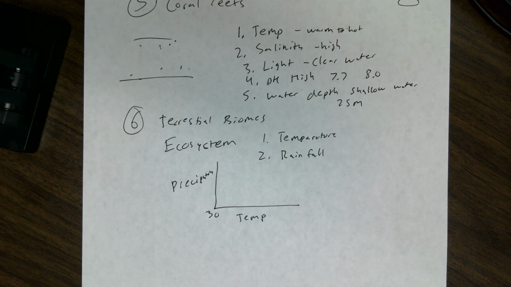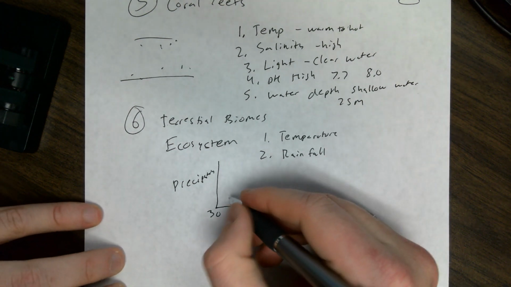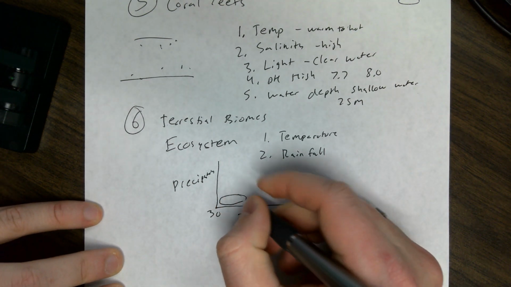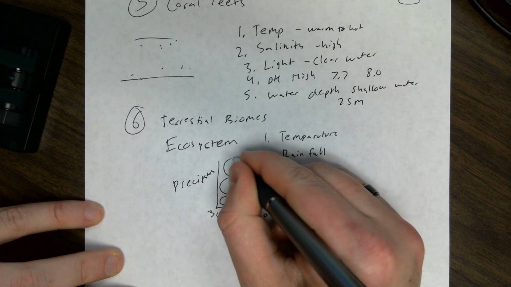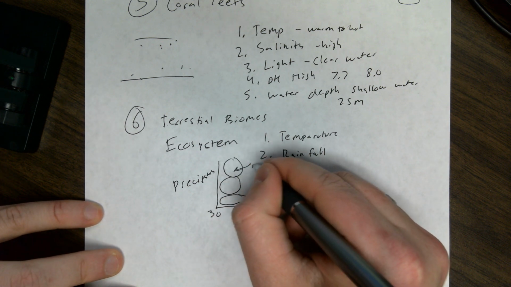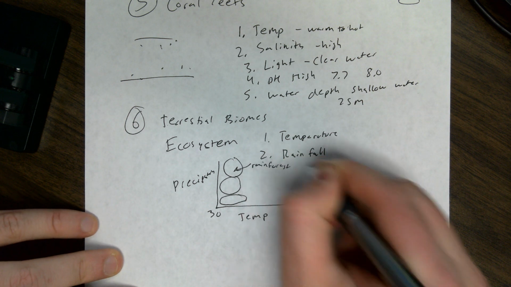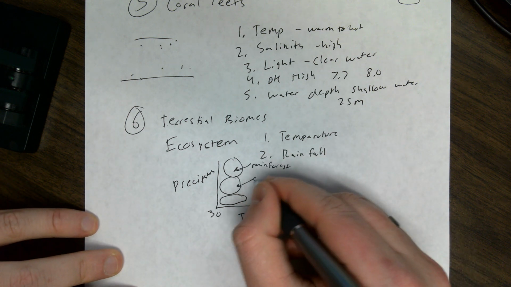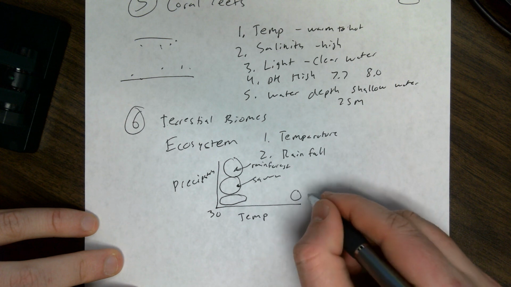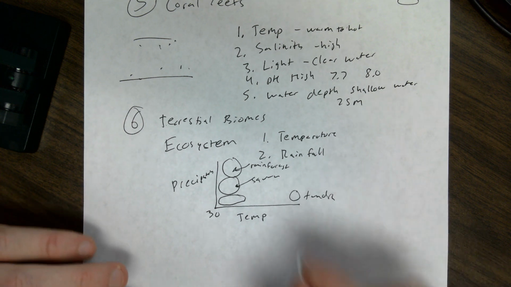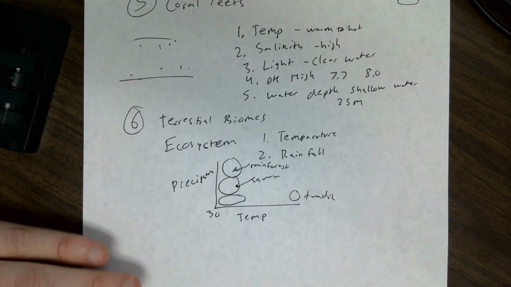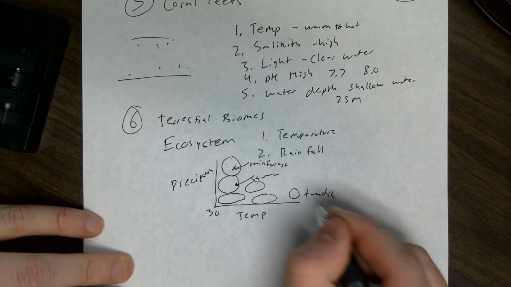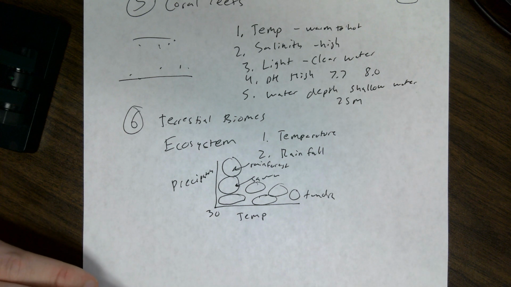So what we notice is that here we have our desert, over here we would have our savanna, and up here we have our rainforest, okay? Over here you'd have tundra, so low rain and low temp, etc. And so you can see there's a bunch of them. They look like this, and you can see the different ones.